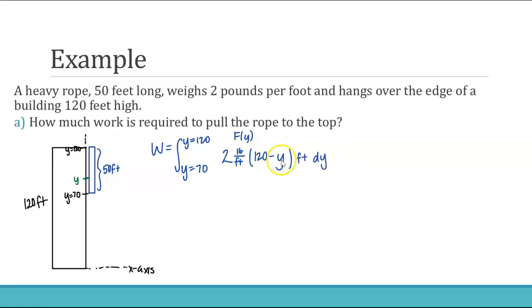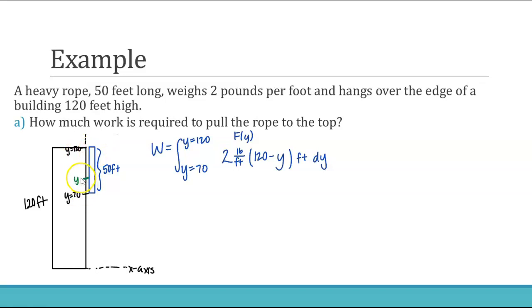Let's plug in a number and think about this. Let's start by plugging in 70. 120 minus 70 is 50, and that's when the entire rope is hanging there. 50 feet times 2 pounds per foot gives me 100 pounds. So the force there is 100 pounds.